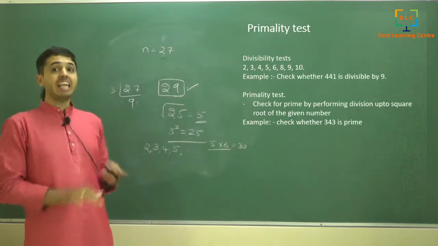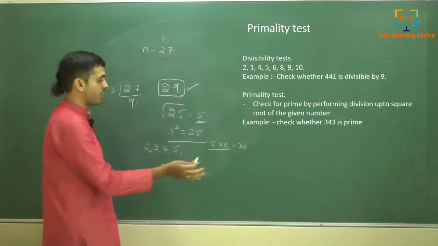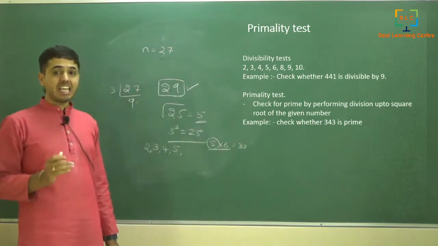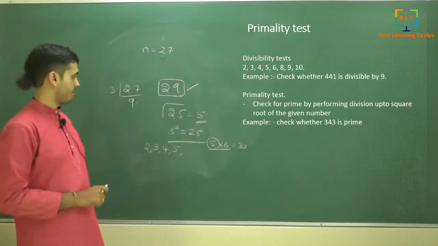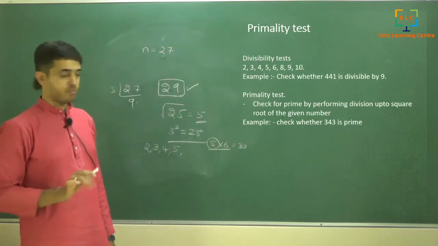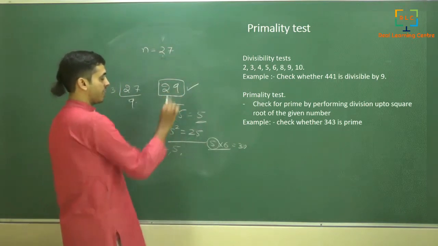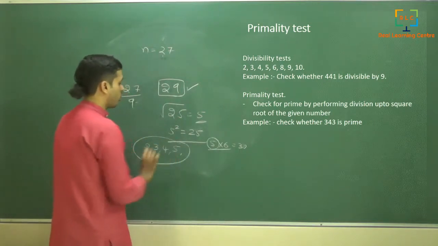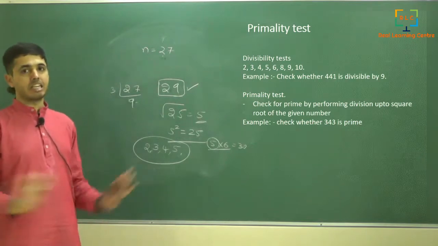So hence, it's enough for me to check those numbers which are less than the square root of the number. In this case, 29 is not a perfect square, so roughly I have taken 5. If I check whether 29 goes by these 4 numbers, that's enough.